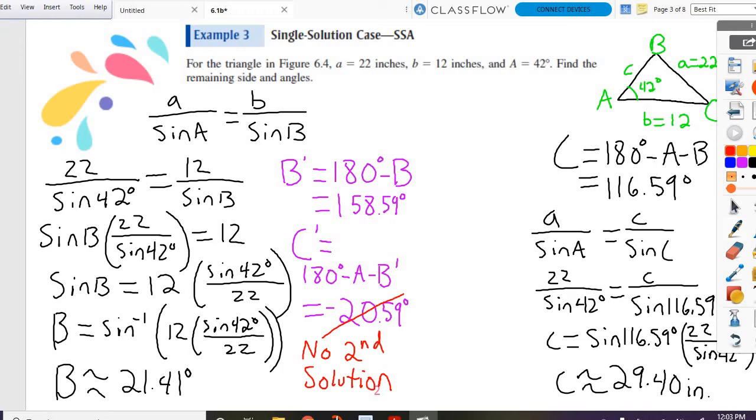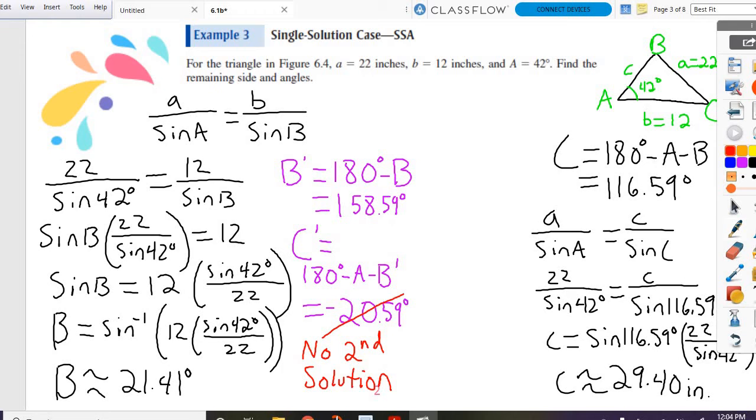Anything that's given doesn't change ever. It's only the stuff that we found. Does that make sense? So I did A minus B, okay? And like I said, once we find our second option for B, we're treating it like it's a new problem. So I still want to find big C. They gave me A in my original problem, so I'm still using that same A, but now I'm using my second option for big B instead. Does that make sense?